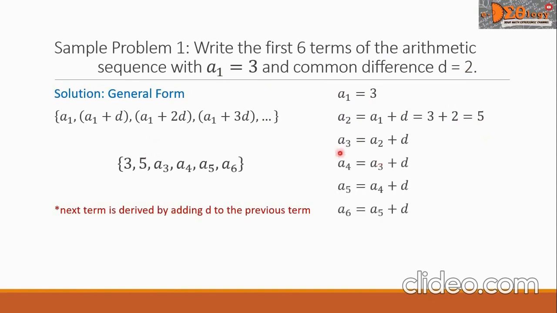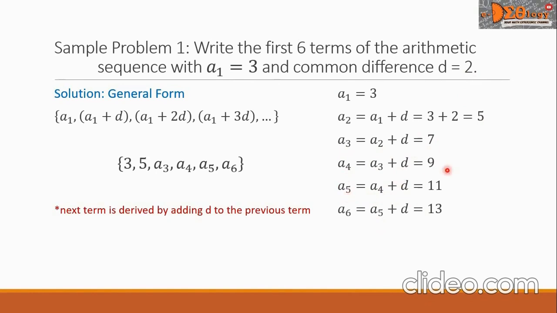So for a sub 3, that is equal to a sub 2 plus d, and a sub 4 equals a sub 3 plus d, a sub 5 equals a sub 4 plus d, and a sub 6 equals a sub 5 plus d. So we have this a sub 3, which is a sub 2 plus d, 5 plus 2, is equal to 7. And for a sub 4, that is 7 plus 2, which is 9.